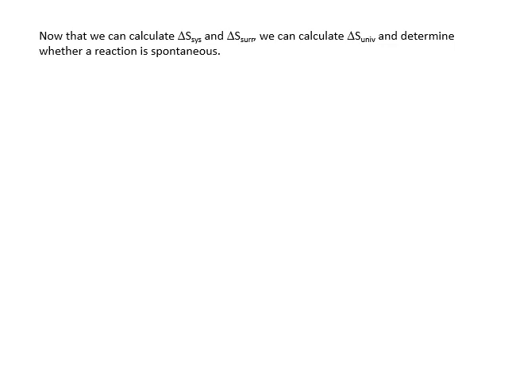We've now seen how to calculate the delta S for both the system and surroundings using thermodynamic values that we can find in Appendix G. With those values, we can calculate delta S universe and determine whether or not a reaction is spontaneous. Remember that delta S for the surroundings can be determined from negative delta H system divided by the absolute temperature.